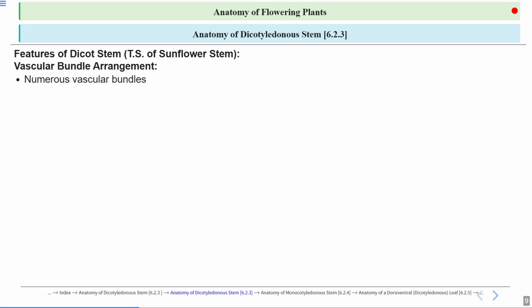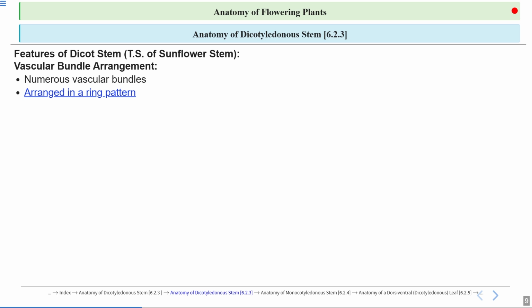Numerous vascular bundles are present in the case of dicot stem, arranged in a ring pattern. And what is the arrangement of these vascular bundles? Ring pattern. But are they present on different radii or on the same radii?